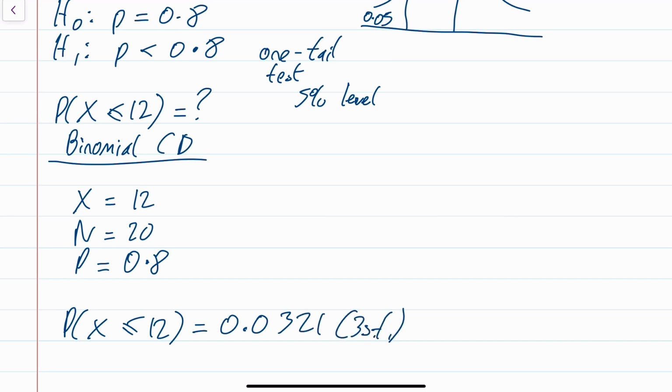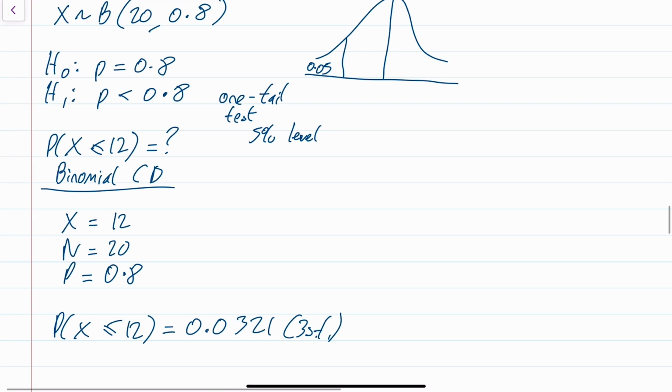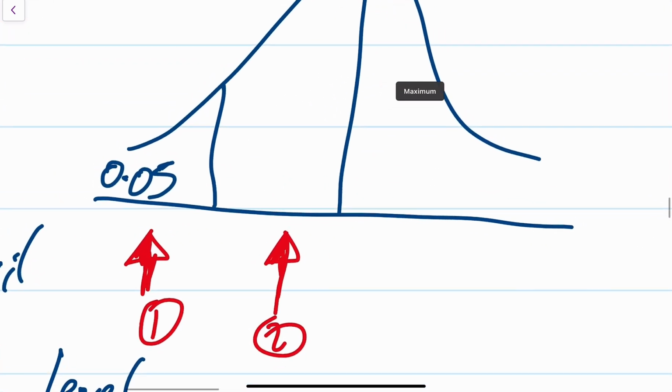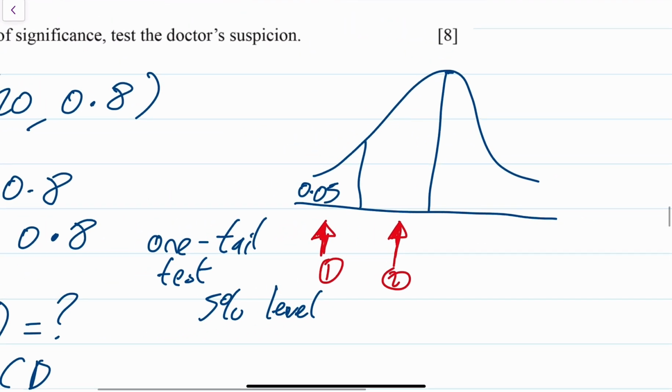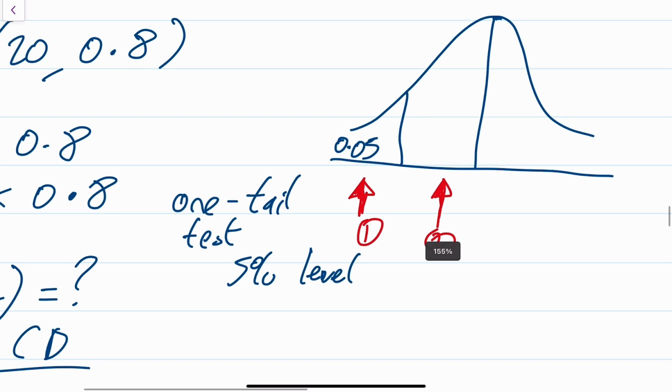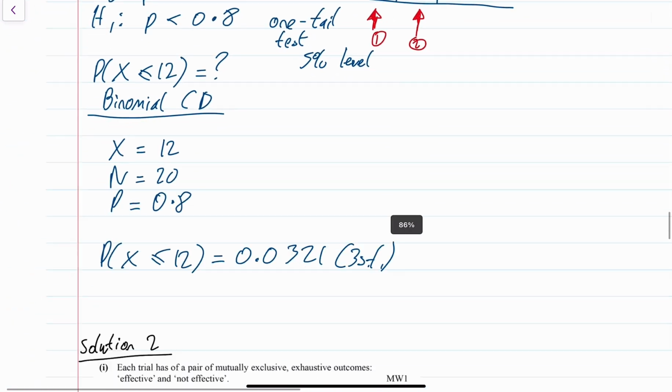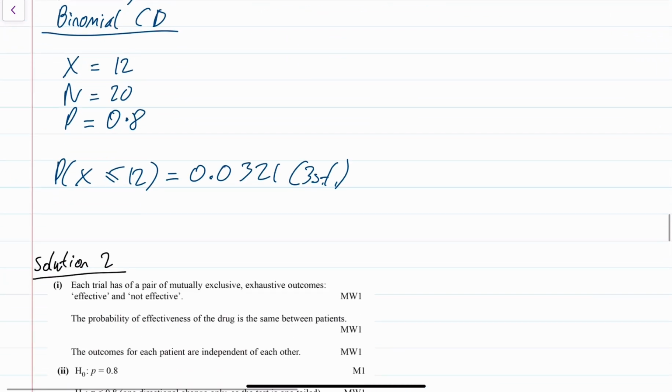Now let's see where that is. Again, you've got the bulk of your marks. It could be in here, or it could be in here. It was 3.21%, and 3.21% is going to be in the critical region. So again, there is evidence to reject H0 in favour of H1. Let's just write that up.